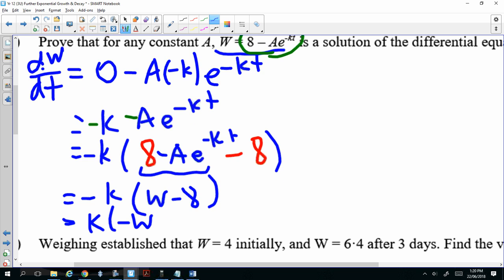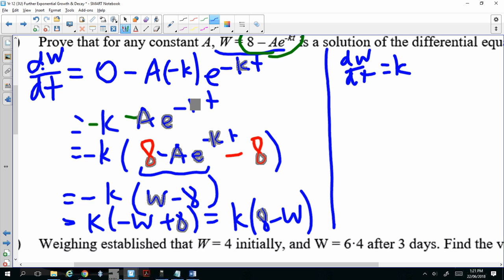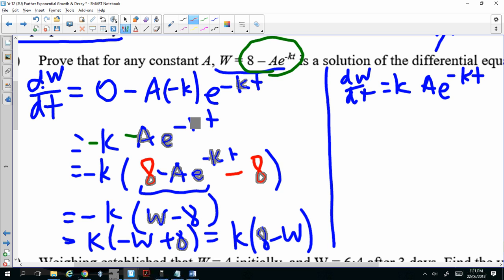Okay. Now, if you don't like to do it this way, there's another way you could do. Once you work out this step, once you work out dW/dt is k a e to the power negative kt, I'm going to write down this is method 2. Once you get that, you can do the right-hand side and left-hand side separately.